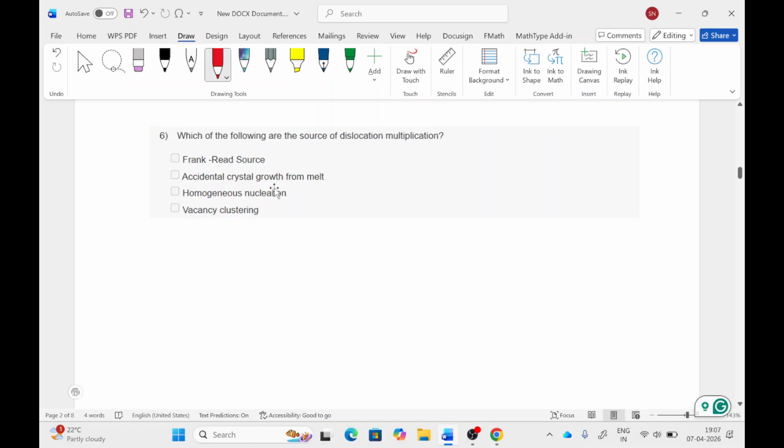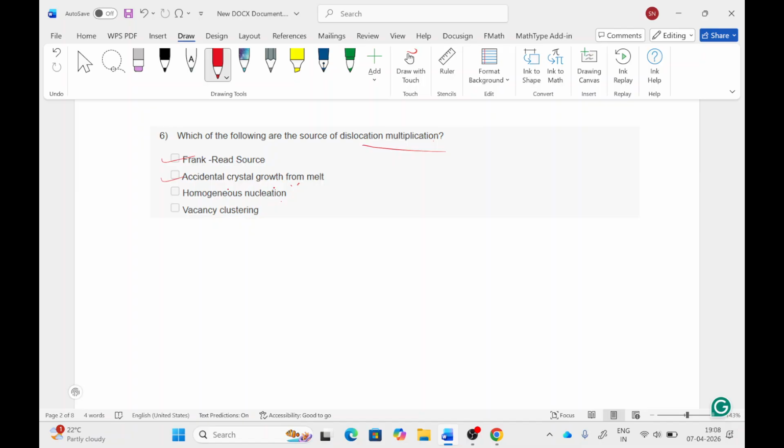Sixth question, which of the following are the sources of dislocation multiplication? So for dislocation multiplication, Frank-Read sources are the primary cause. Accidental crystal growth from melt also generates dislocations. Means if there is any interruption in crystal growth, that interruption also forms dislocations.